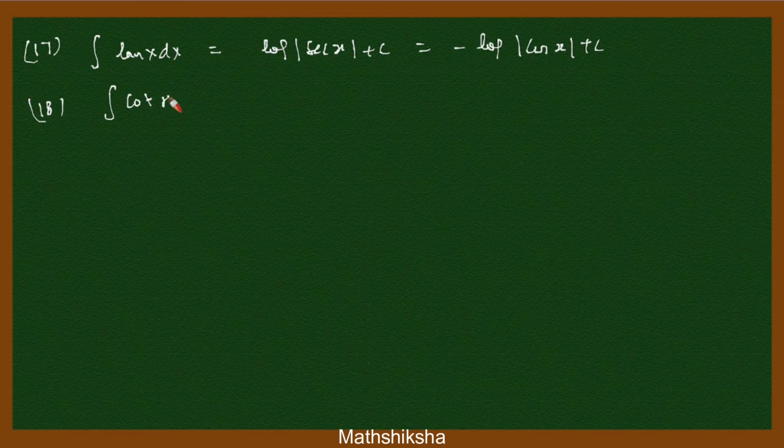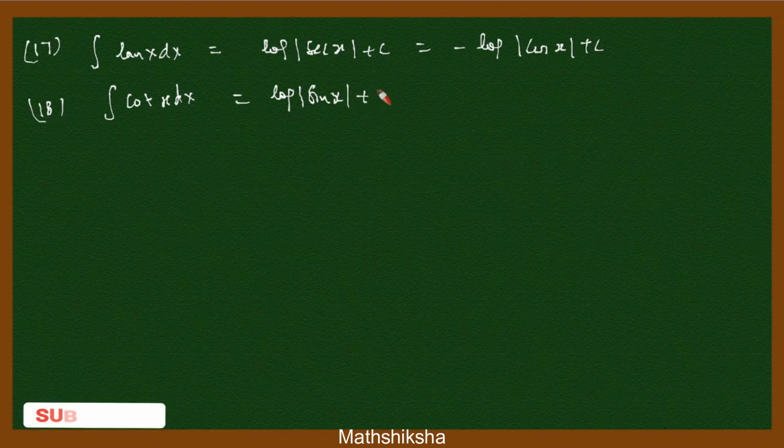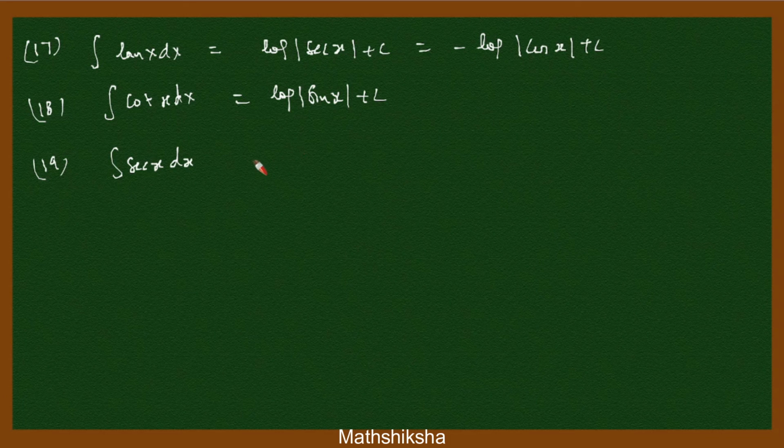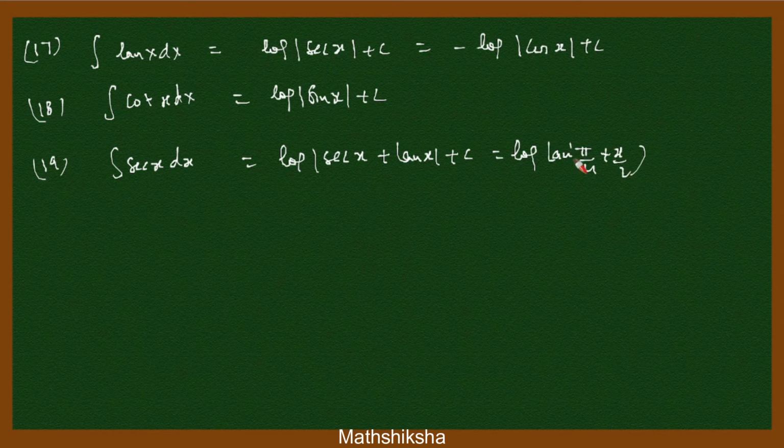Cot x log sin x का डेरिवेटिव है, log mod sin x का, देन इंटीग्रल ऑफ sec x, अब इसको डिफरेंशिएशन करके देखेंगे, यू विल गेट sec x, log mod sec x plus tan x plus c और log tan of pi by 4 plus x by 2 mod, of course, plus c.